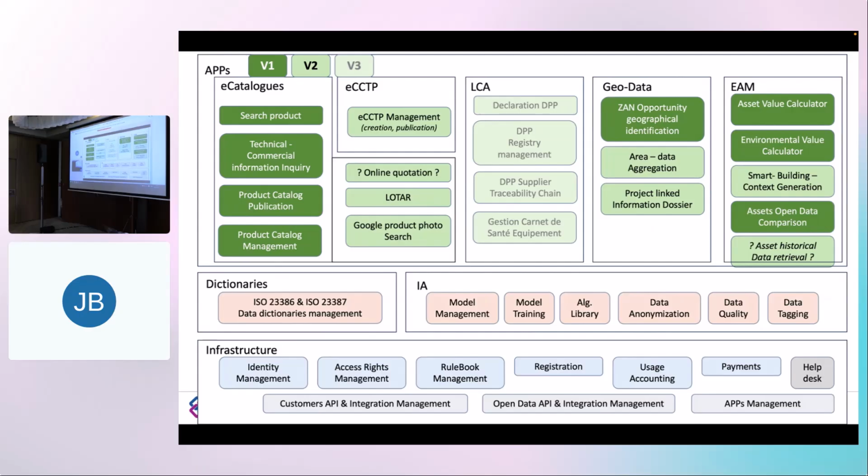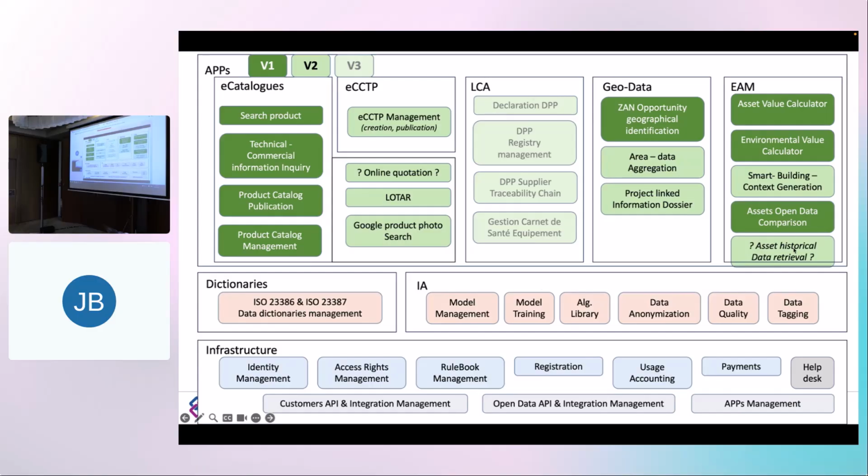We have three topics. One is how do I define catalogs of products with all the information that we need. How can we, in the middle, define the life cycle assessment, including the declarations and the digital product passports?